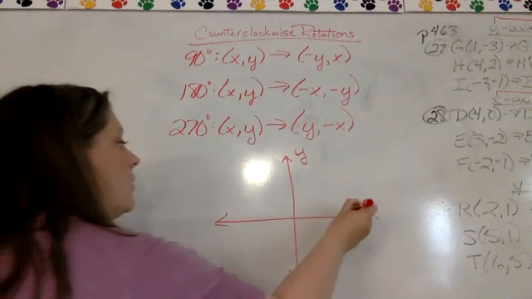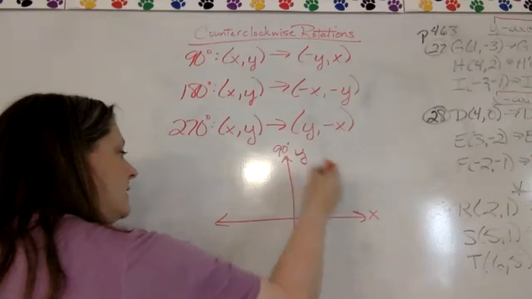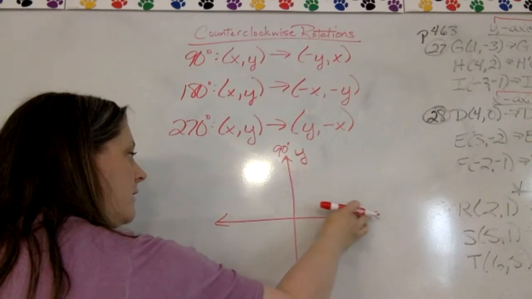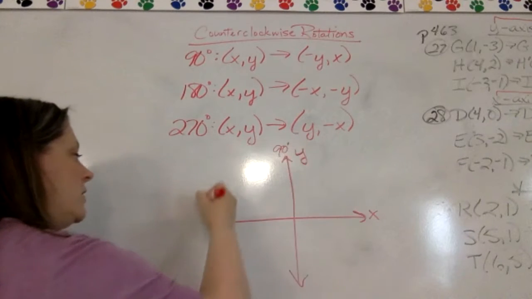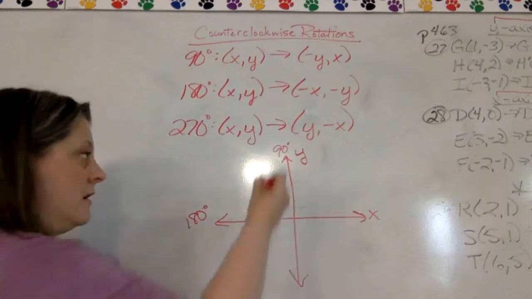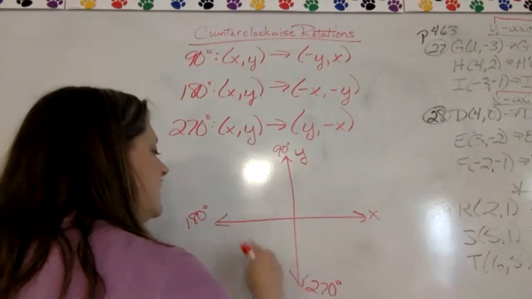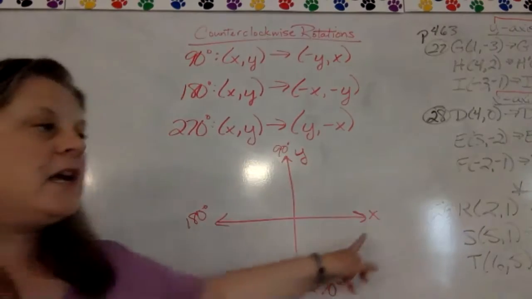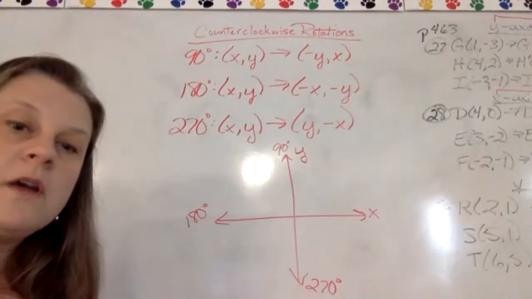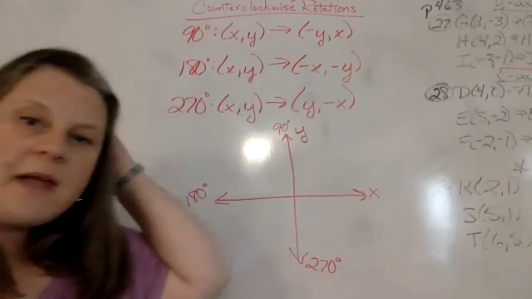So if I'm going from here to here, that's 90 degrees, right? That's one quadrant. Going two quadrants would be 180. Going three would be 270. And if you end up back here, you've gone a complete circle. A circle is how many? 360. 360, okay?